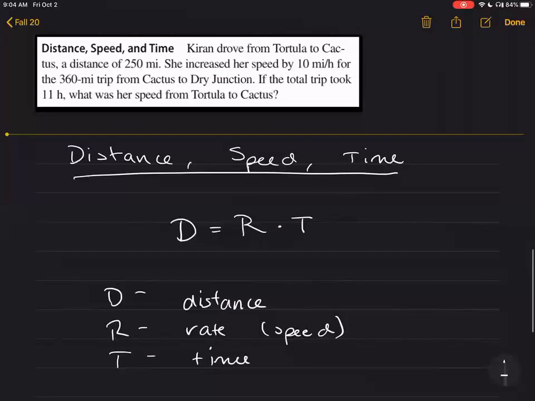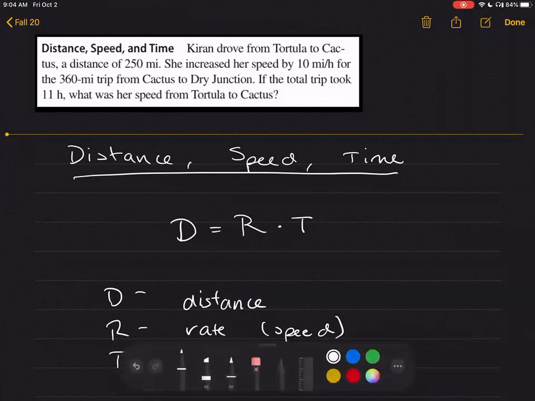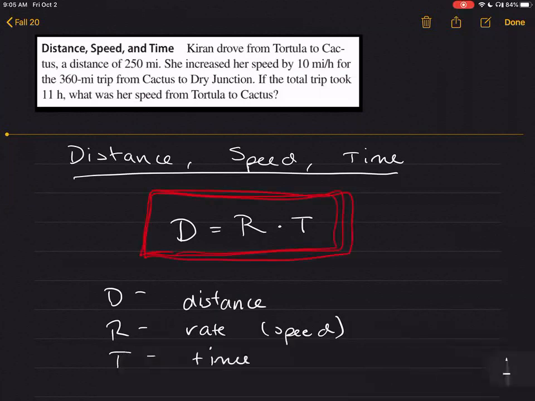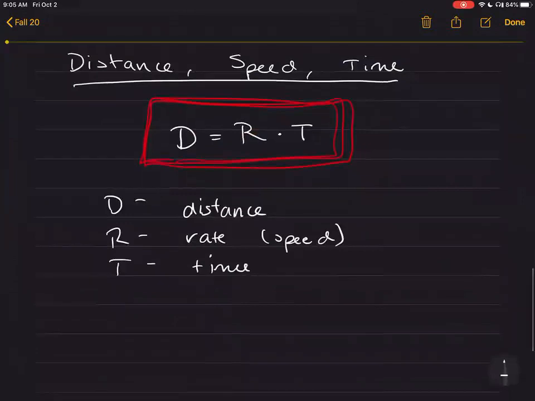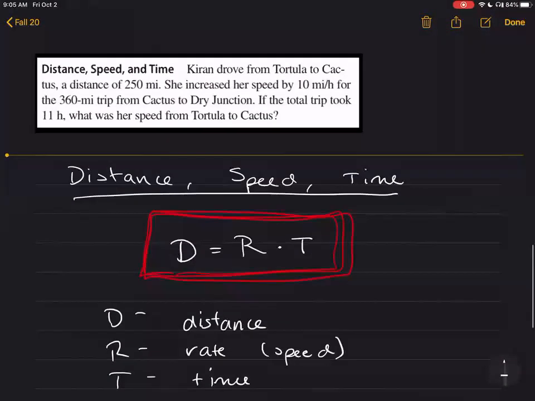So whenever you're looking at a distance, speed, and time problem, you just know that distance is speed times time. If you just remember this for these kinds of problems, it'll serve you well.